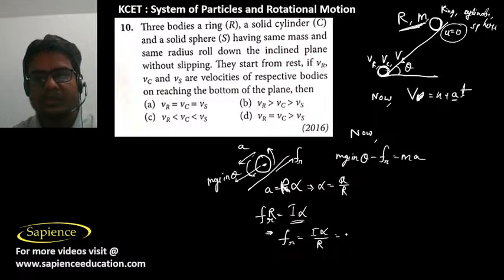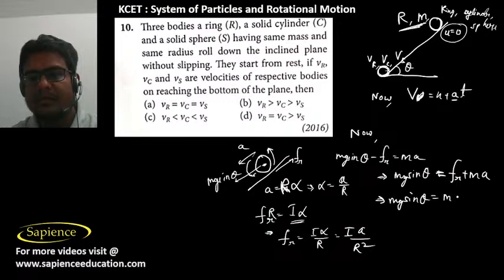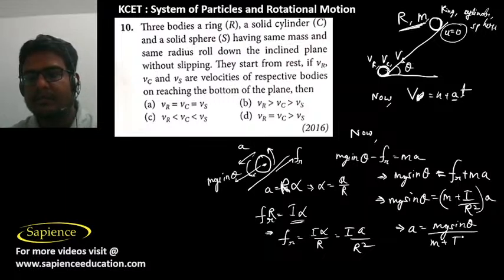So Fr is IA by r square. Therefore mg sine theta is equal to Fr plus Ma, so mg sine theta equals m plus I by r square, into A. Therefore the acceleration is mg sine theta divided by m plus I by r square.